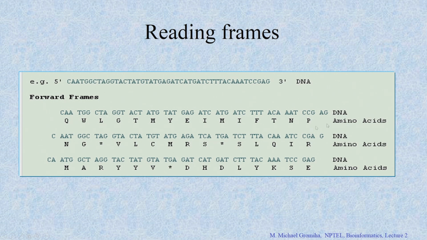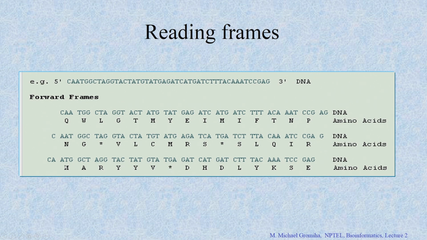This is one, and for the second one you take the first C out, then you make it into another set of 3: AAT, GGC, TAG and so on. Now you check the table for the amino acids. The third one, if you take out these 2, C and A, then you start with ATG, GCT, AGG, TAC and so on.